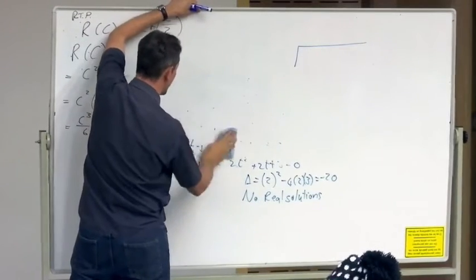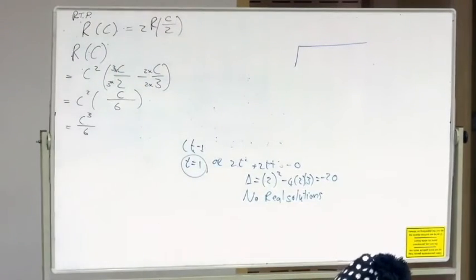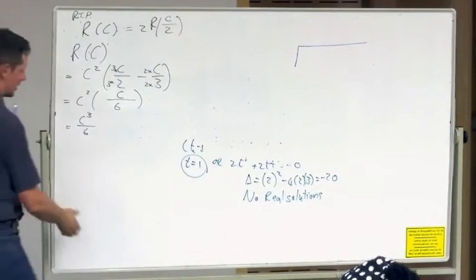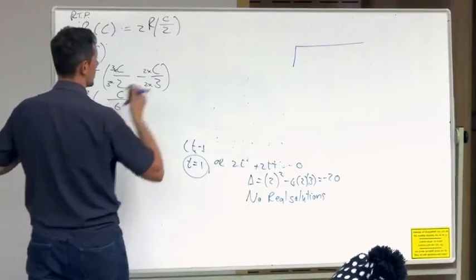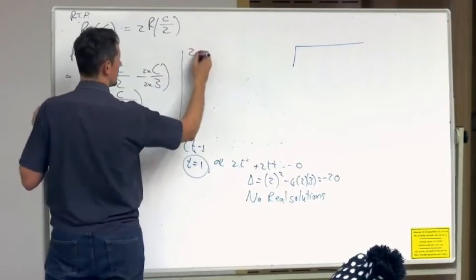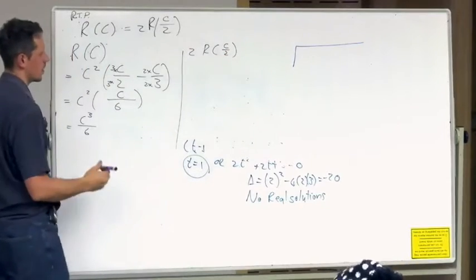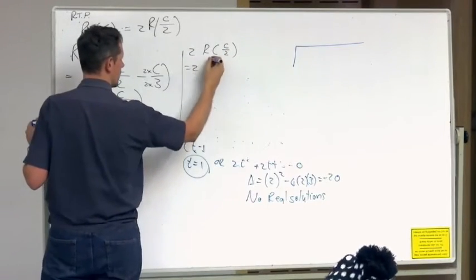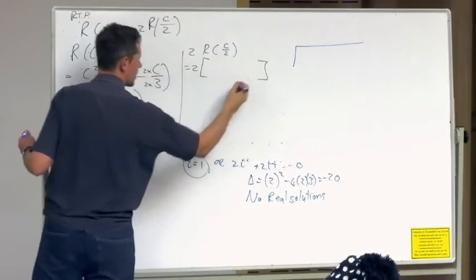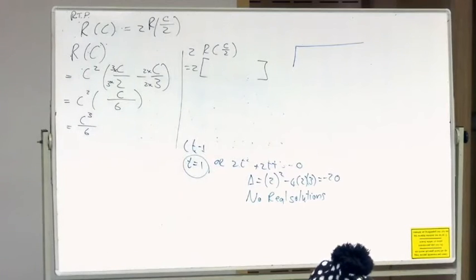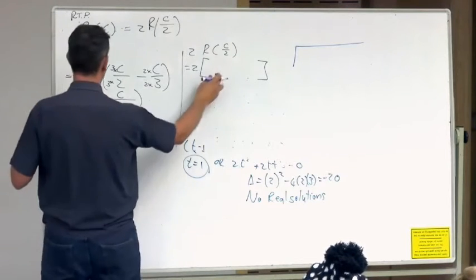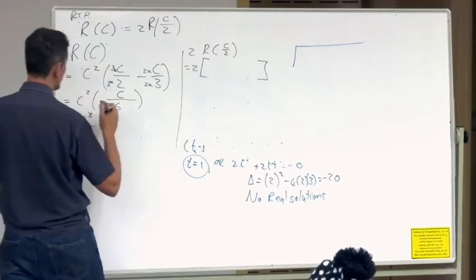So what I'm going to do now is go over to the right-hand side and look at 2 times R of C over 2. Now this 2 just remains in the front. I'm not going to do anything with it. All I'm going to do with the R of C over 2 is replace every x with C over 2.